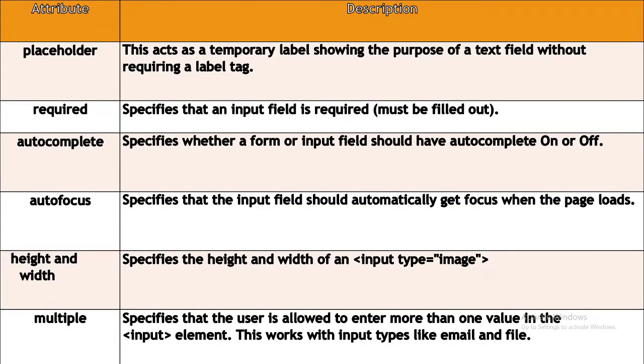Next, placeholder. This acts as a temporary label showing the purpose of text field without requiring label tag. Next attribute is required. It specifies that the input field is required, must be filled out. Next attribute is autocomplete. Autocomplete specifies whether the form or input field should have autocomplete on or off. Then autofocus.